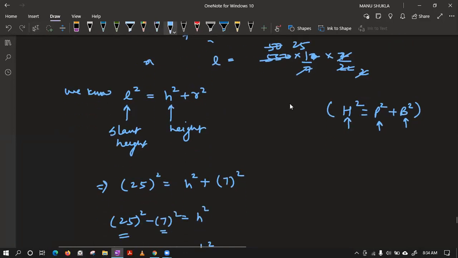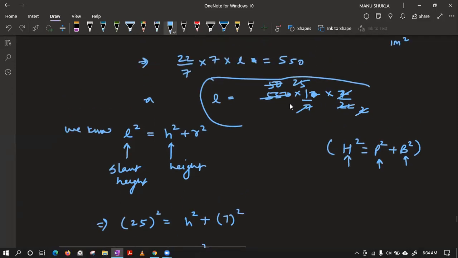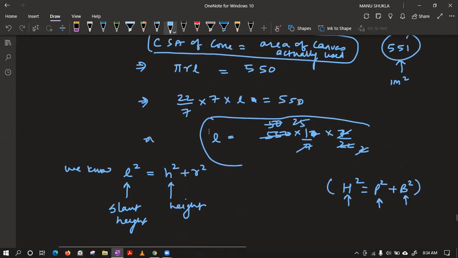Over here we have found this with the help of CSA, we have found the slant height. After getting the L, we went for finding height using the Pythagoras theorem. Anuranjan, clear? Or shall I unmute you? Okay.